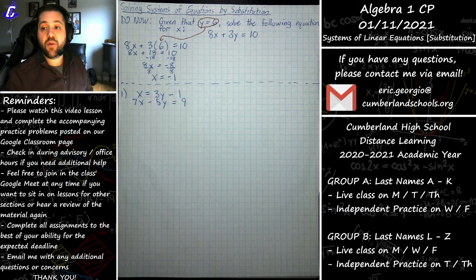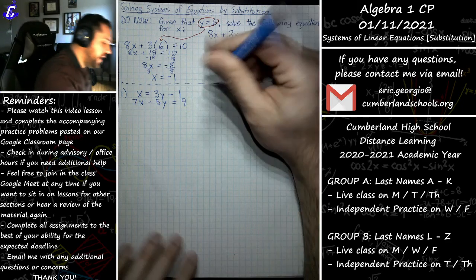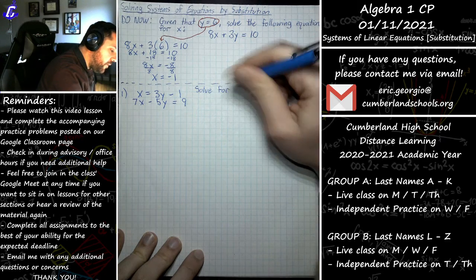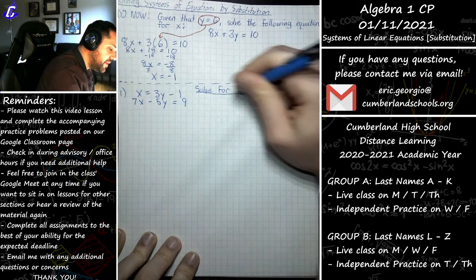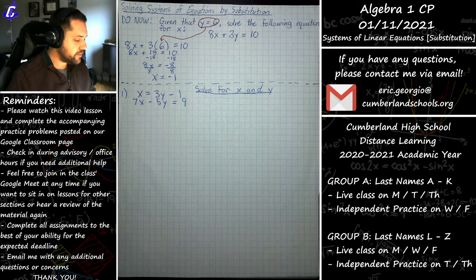What I want to do is solve this system of equations for both x and y. So maybe I'll put the directions right up here. Solve for x and y. I want to find the value for x and the value for y that makes that system of equations true.